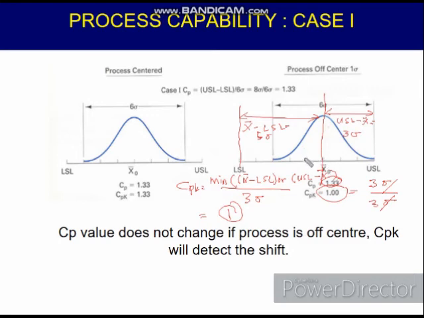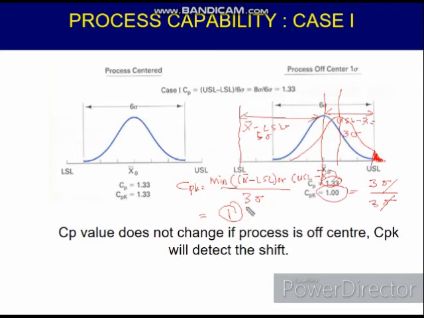But if the process is shifted, let's say for example, if we shifted by this much, right? So you're going to have rejected parts, whichever are produced beyond the upper spec limit. And if you calculate these, the center will be shifted here, and this value, upper spec limit minus X bar, will be less than 3 sigma.